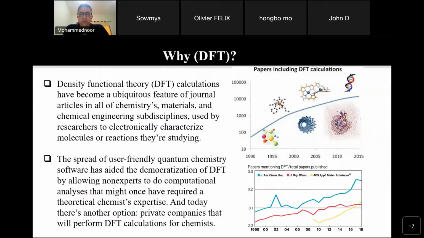So DFT has become a common feature of journal articles in all branches of chemistry, materials, and chemical engineering in general, and it is used to electronically characterize the molecule or to look deep into how the reaction takes place. Nowadays, the spread of user-friendly quantum chemistry software has aided the spread of DFT. This graph shows the number of articles published in top ranked journals where DFT has been used.